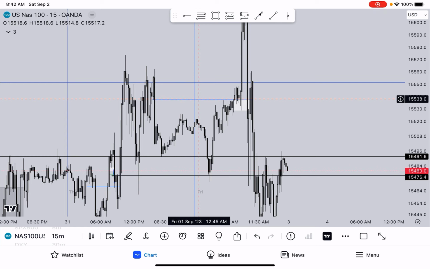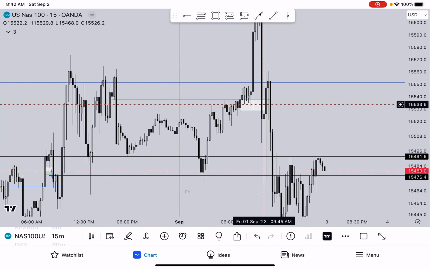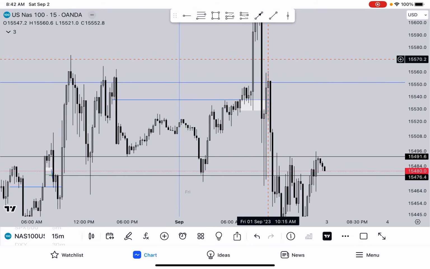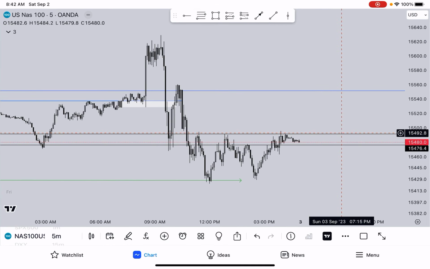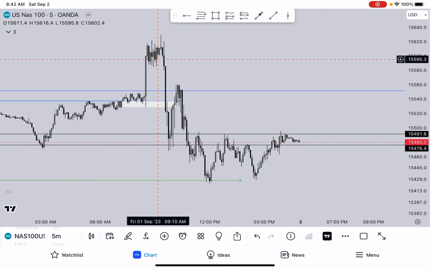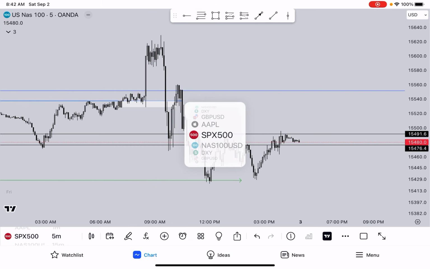So, I took the trade. After price pushed up, it immediately sold off. So I don't know much there, to be honest.